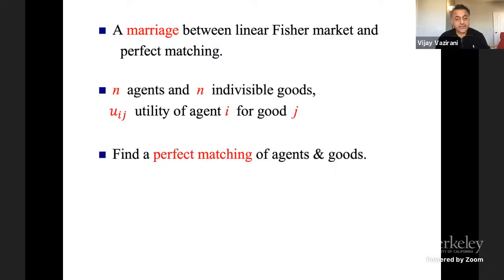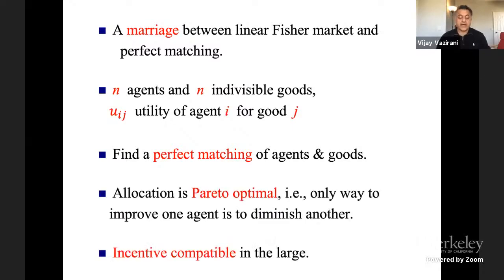Okay, so think of the market as having n agents and n indivisible goods, and each agent has told us her utility for all the goods, u_ij for good j, for agent i, and we want to find a perfect matching of agents and goods, so that the allocation is Pareto optimal, which means that the only way to improve any one agent's allocation is to diminish another agent's allocation. So it's sort of maximally good.